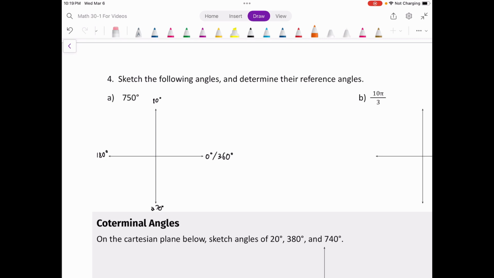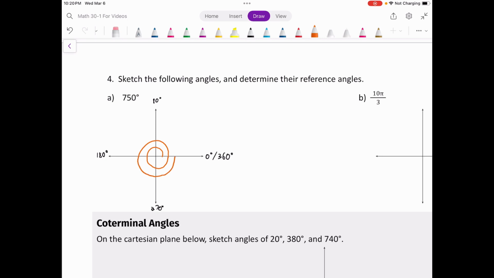Okay, so 750. This is actually one that goes beyond 360, right? As we saw, there's nothing wrong with that. No one said we had to stop at 360. We can keep rotating. So there's a full 360. Oh boy. That would be 540, right? 360 plus 180.